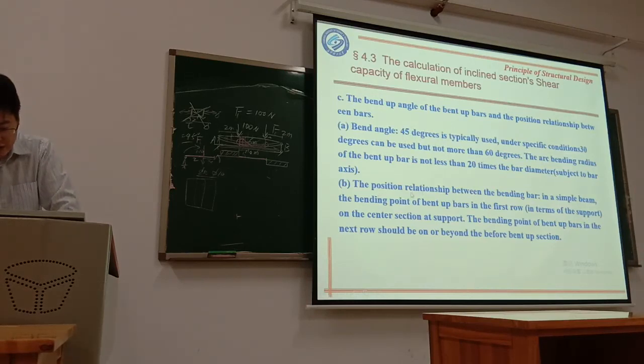And the position relationship of the bending up bars in a simple beam: the bending point of the first row of the bending up bar is on the central section of the support. And the bending point of the bending up bar in the next row should be on or beyond the previous bending up section.